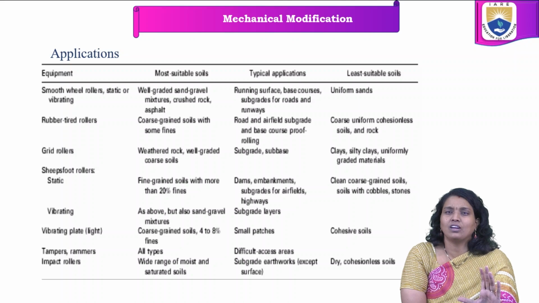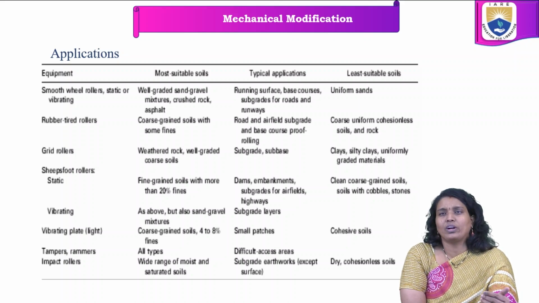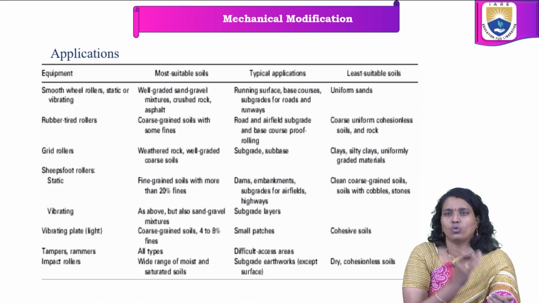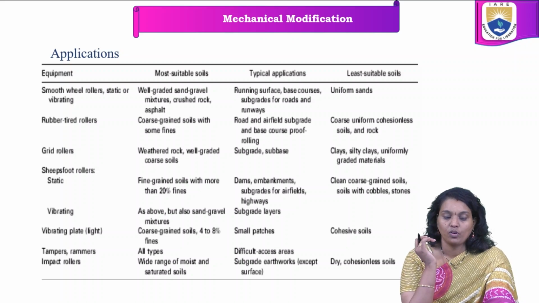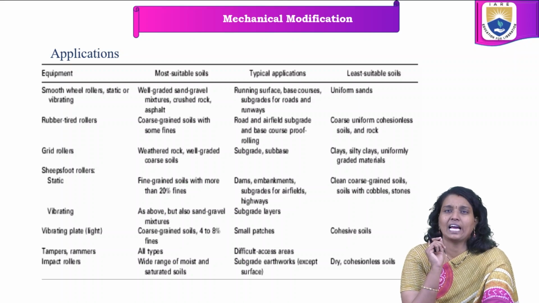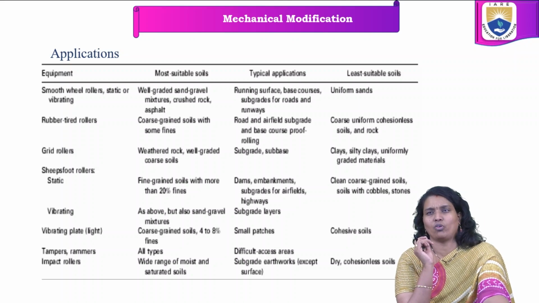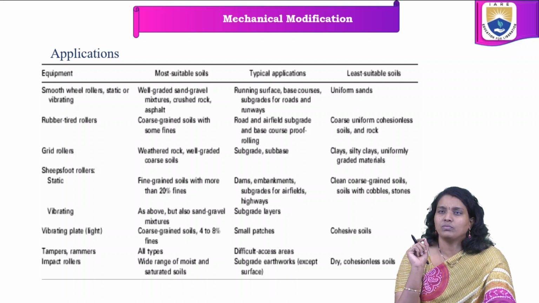Coming to the rubber tired roller, whenever there are coarse grained soils with some fineness, the type of application is roads and airfields, subgrade and base course proof rolling. The least suitable for this rubber tired roller are coarse uniform cohesionless soils and rock.